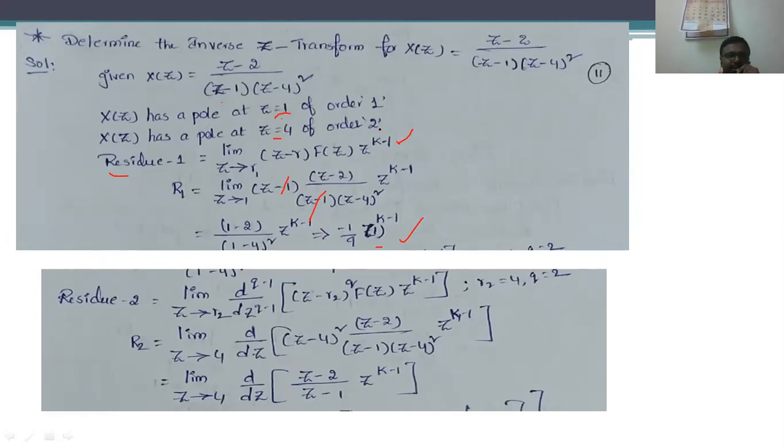In order to calculate the residue for this one, we have a fundamental equation: the second residue is equal to limit z tends to R2 of 1 by (q minus 1) factorial, d power q minus 1 divided by dz power q minus 1 of (z minus R2) whole power q into f of z into z power k minus 1.